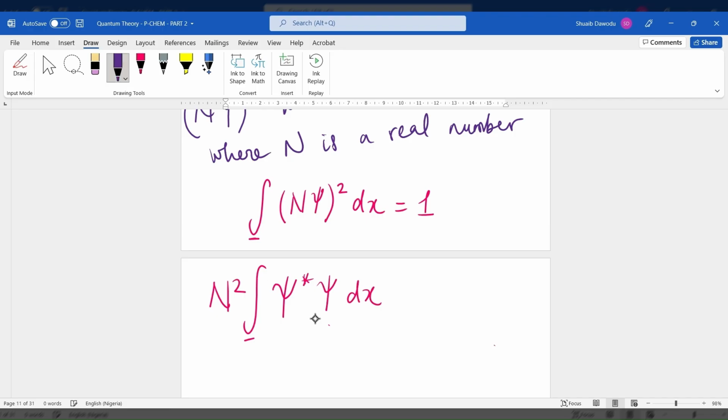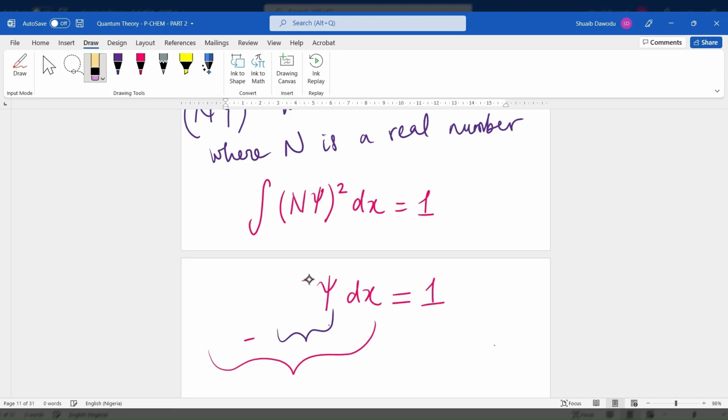Just note that it is basically the exact same thing. Wave function star and wave function are basically the same; they are just trying to differentiate it in the textbook. All of this is going to equal 1. This is how you may see it in your textbook, but I like to write it in that way. I don't need extra information. I already know I'm going to square them.